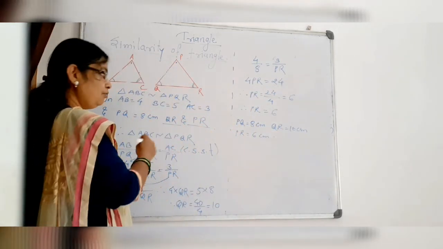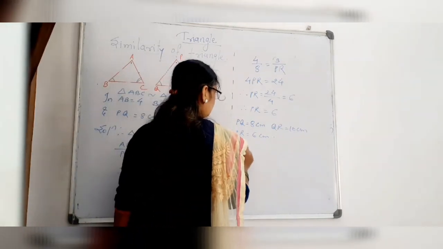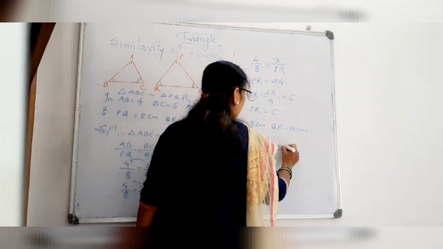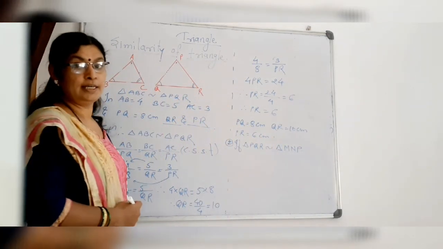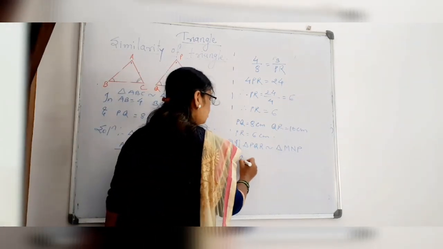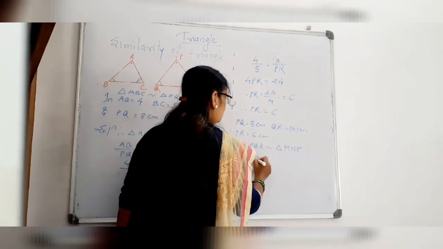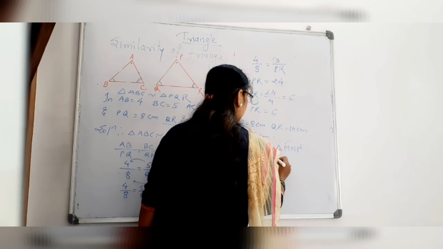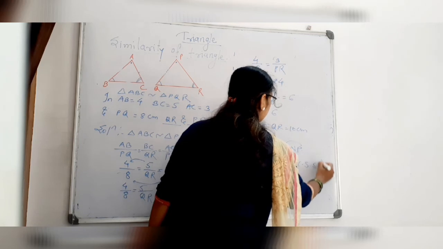Now students, if any one side is given, you have to find out the remaining sides. Now if triangle PQR is similar to triangle MNP, you have to write down the corresponding sides and corresponding angles. Corresponding sides: PQ upon MN is equal to QR upon NP, and then PR upon MP. Here the reason is CSST.